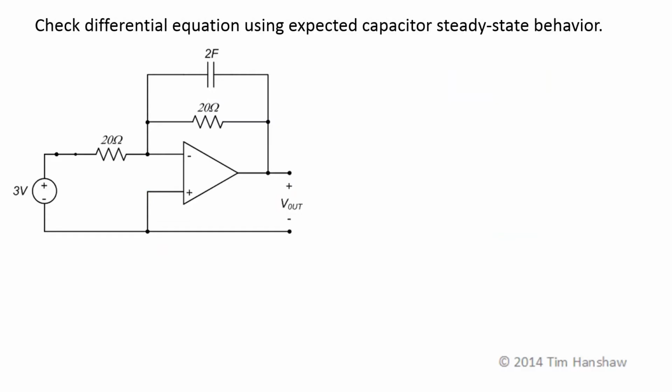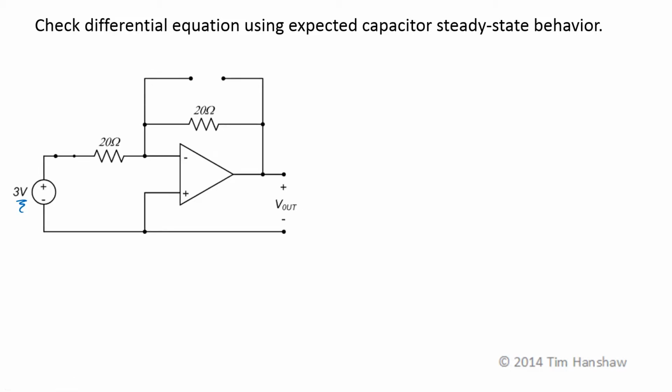So as t goes to infinity, our input's constant. If everything's constant in the circuit, the capacitor looks like an open circuit, and our circuit will look like this. So we have no current going through here as t goes to infinity. Now, let's do our same analysis. If I still choose this as our 0 volt reference, this is 0 volts, this is 0 volts.